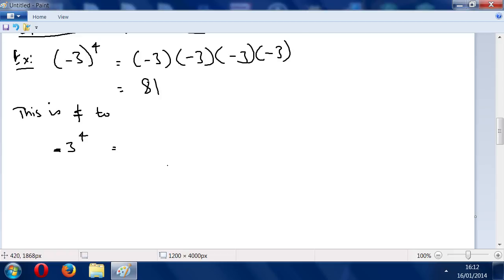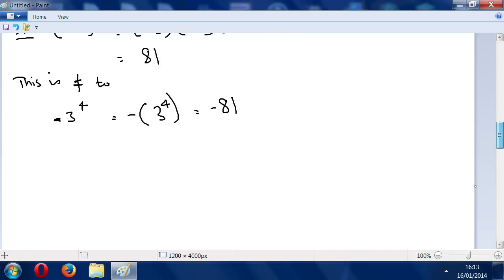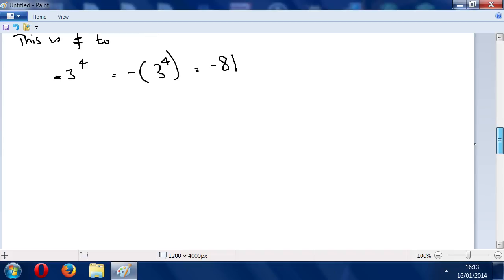So this takes the 3 away and puts it inside its own bracket. Now here it's obviously easier to tell that it's different. So 3 to the 4th is 81, so that's -81. So you can see these give opposite results. That's important to note.